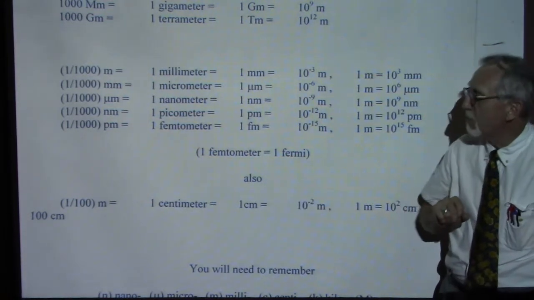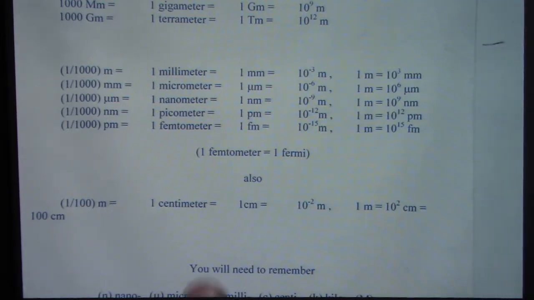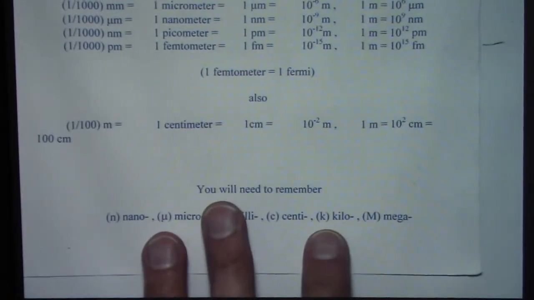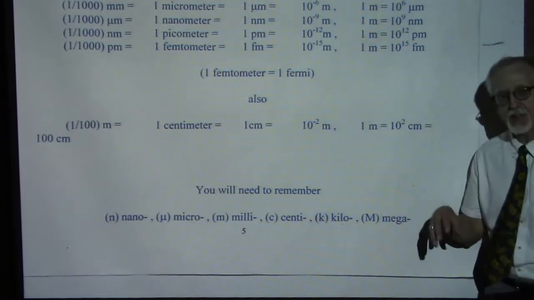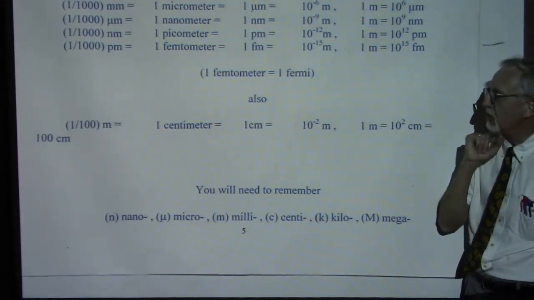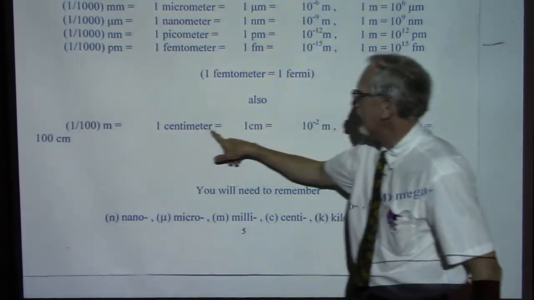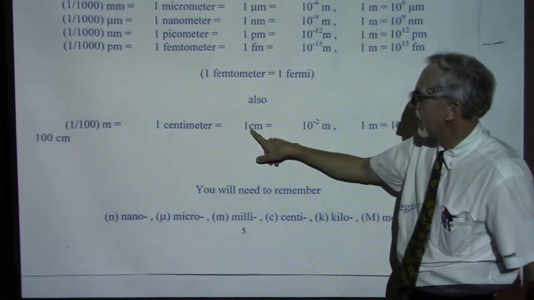Now, there's also one more very common unit that we will actually be using fairly regularly, and that is a 100th. There are others, like a 10th, but typically the only other unit that we'll commonly use will be the 100th. A 100th of a meter is a centimeter, and that's a lowercase c.